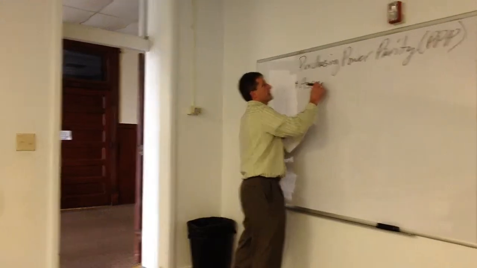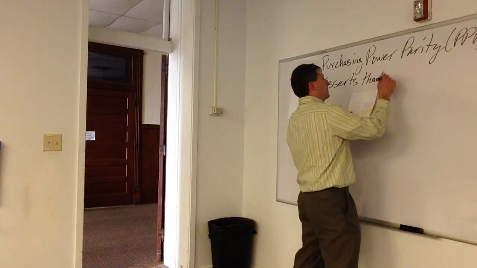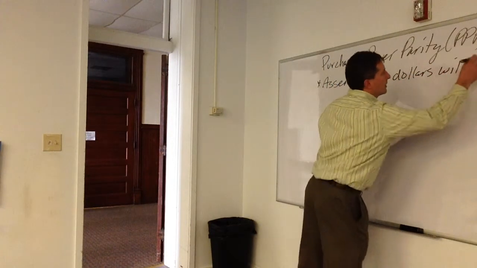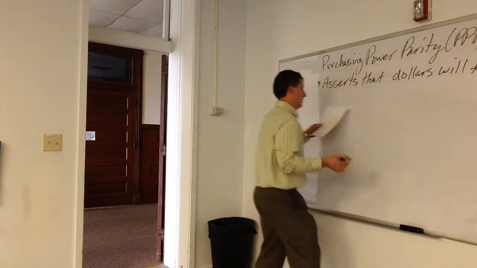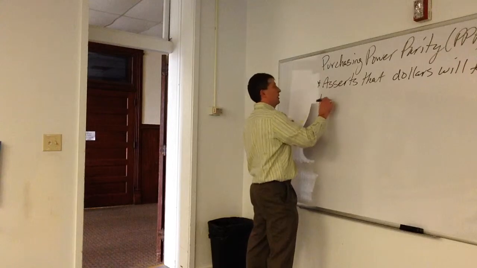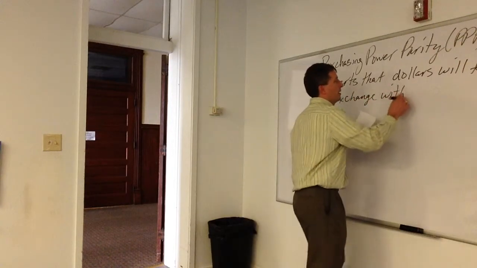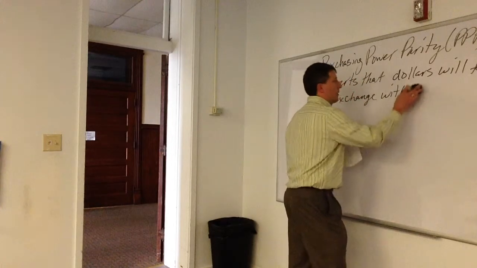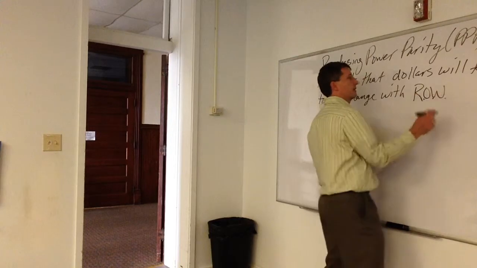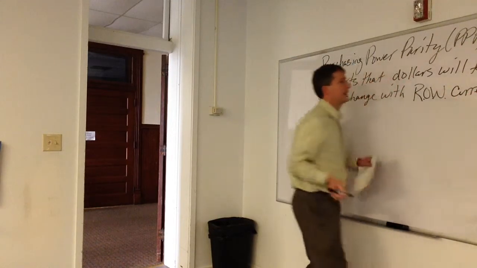Purchasing power parity asserts that dollars will tend to exchange with ROW currency, the rest of the world's currencies, with a foreign currency. We can use that term. I kind of like using ROW.